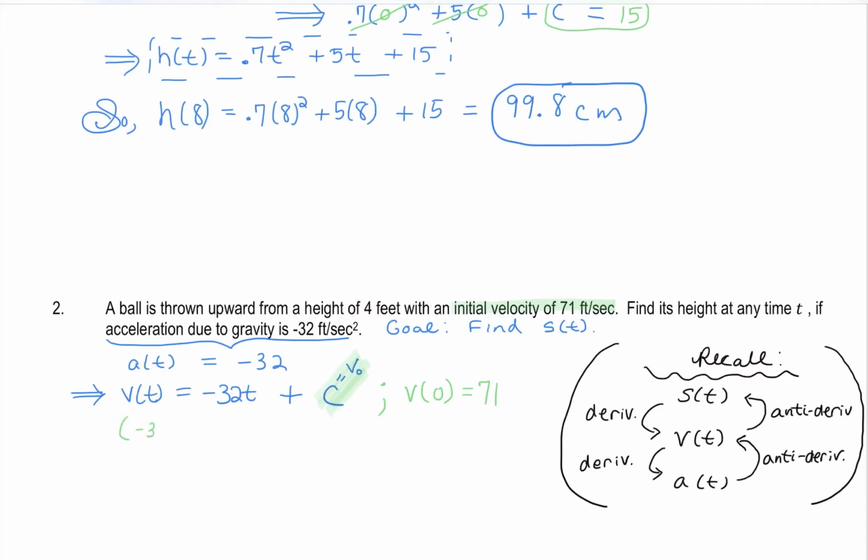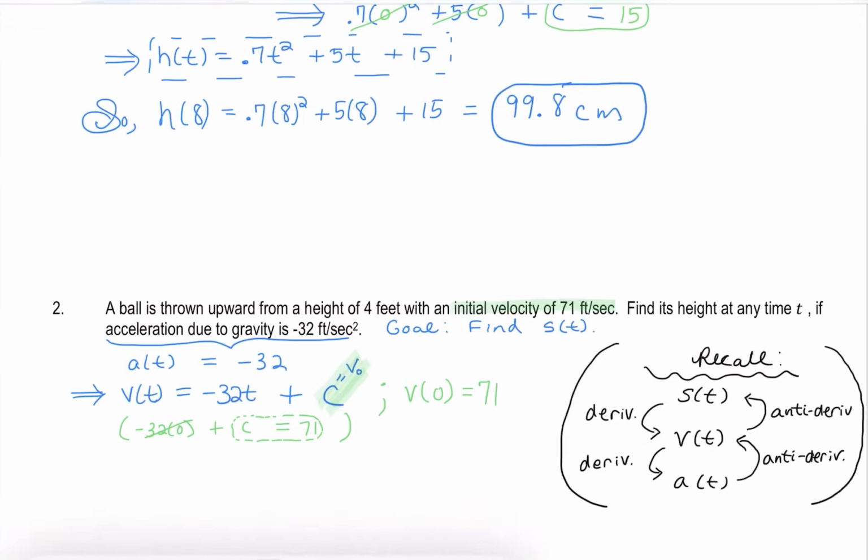So if you have negative 32 times 0 plus this arbitrary constant equal to 71, that's obviously gone, and so your c is going to equal that 71. So again, when you're given this 0 as your initial condition, as long as you're dealing with a polynomial function, whatever that value is, it will be your c.